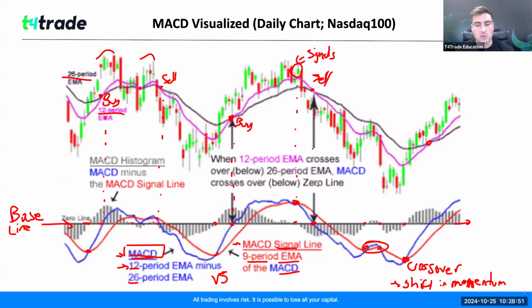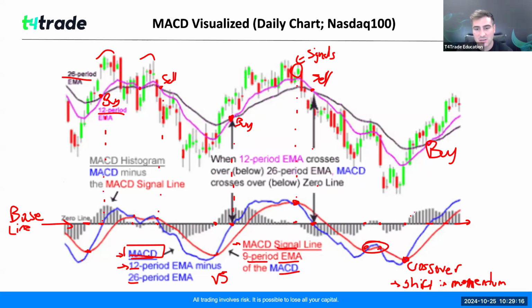So a shift in momentum is generated by the crossover of the MACD and the signal line. And whenever you see a crossover of the MACD line, the blue line, above the moving average, but also the confirmation that the signal line is heading that way as well, this generates a buy signal. Okay, or a sell signal, depending if it's crossing above or below.